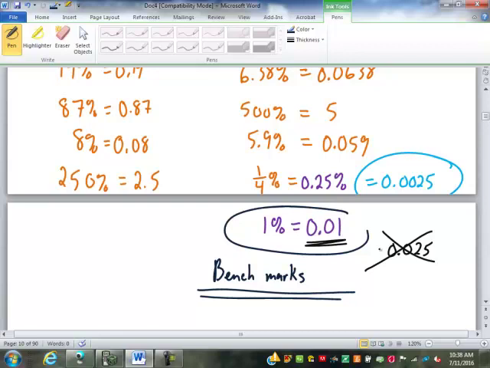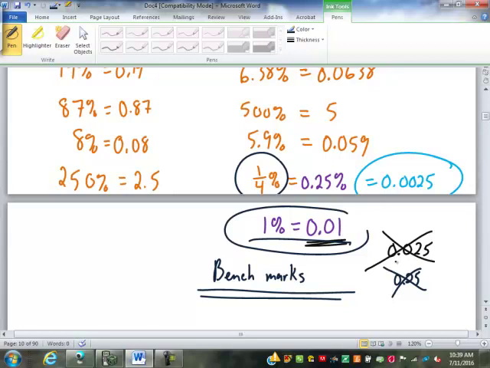That doesn't mean I keep my benchmarks correctly, but I keep benchmarks in my head. And this is an example: we know 1% is 0.01. 1/4% being smaller than 1% has to be smaller than 0.01 as a decimal. So if I get 0.025 or even 0.25, which is the common one that's given, I know those can't be true because they're bigger than 0.01.